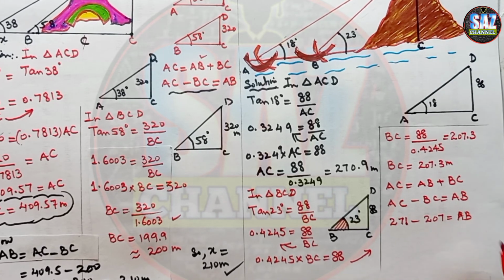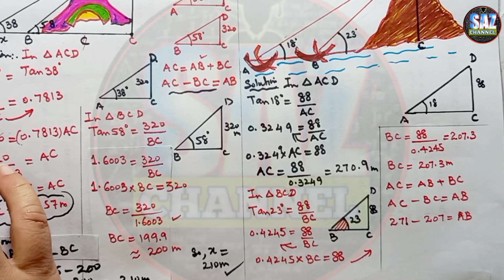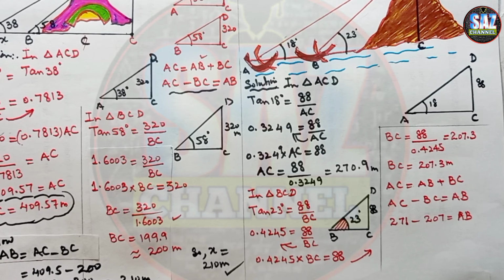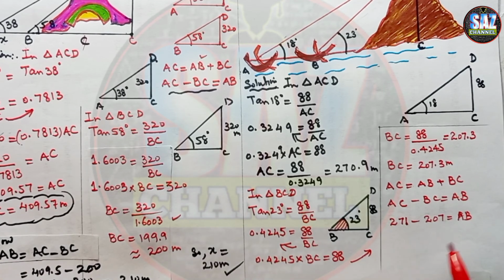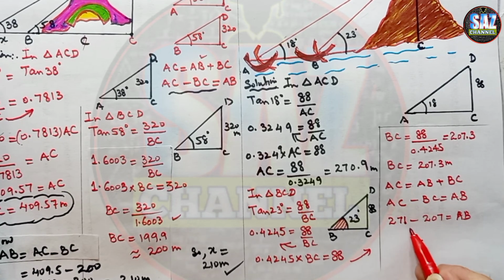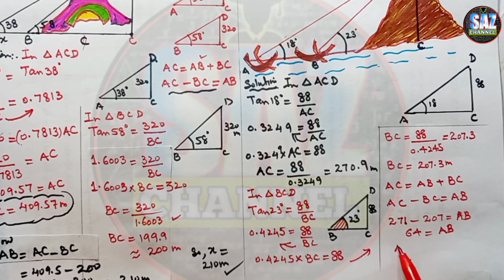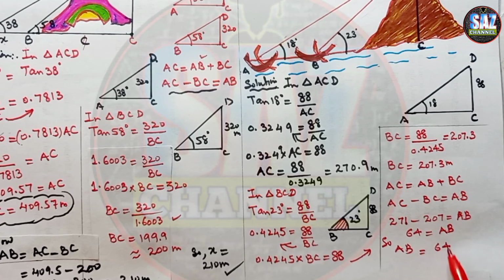Take away 207 from 271, and this gives me 64. Yes, 11 minus 7 is 4. So AB, the distance between the two boards, is 64 meters.